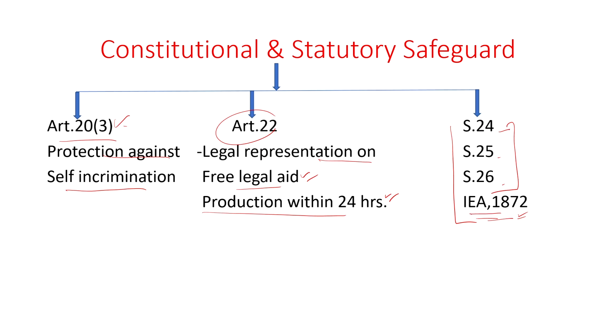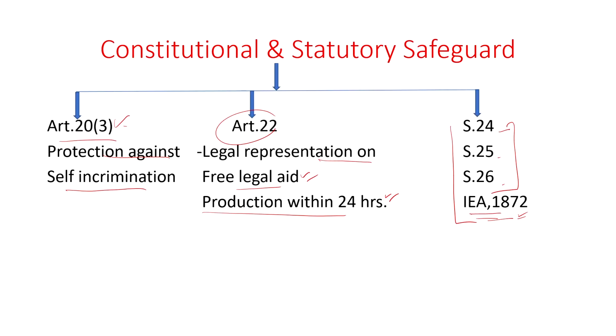Now, come to this article 20 clause 3. How is article 20 clause 3 helpful in protecting the human rights of the detained or arrested person? Article 20 clause 3 talks about protection against self incrimination. It says that no person shall be compelled to be a witness against himself.